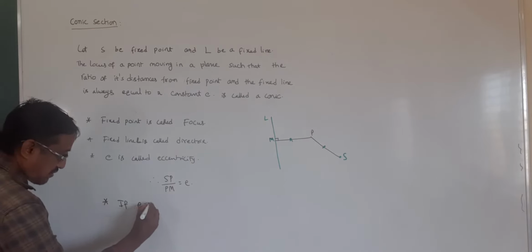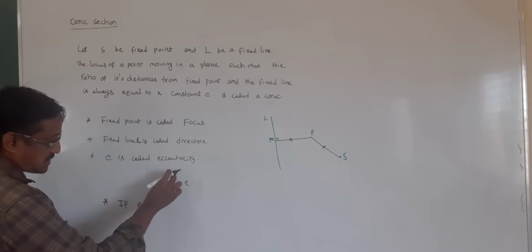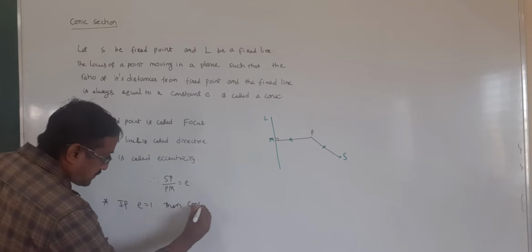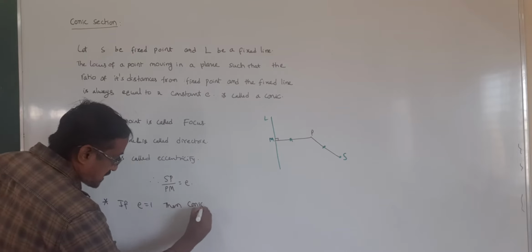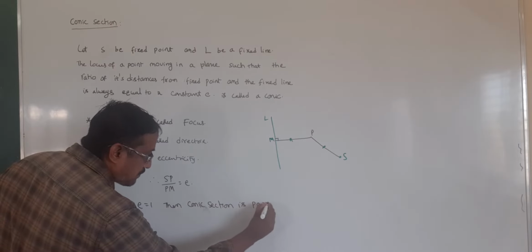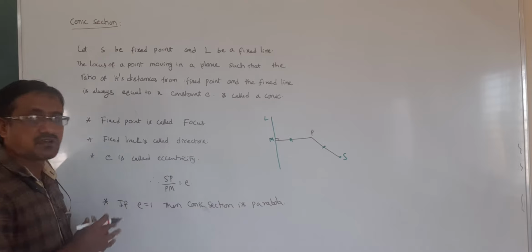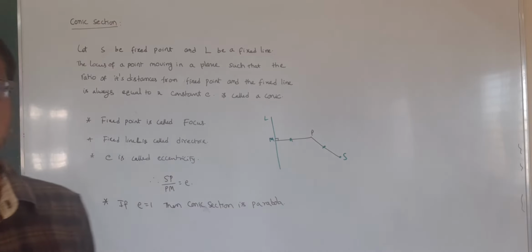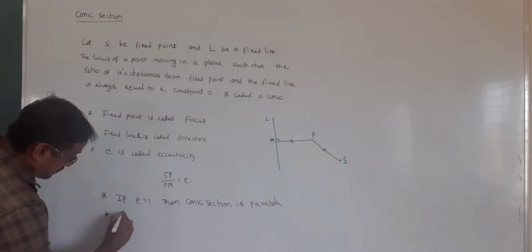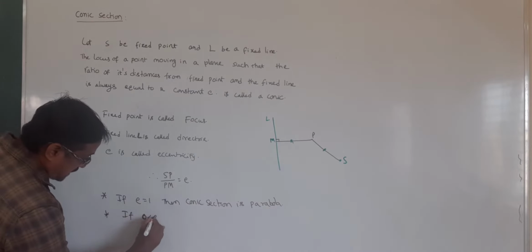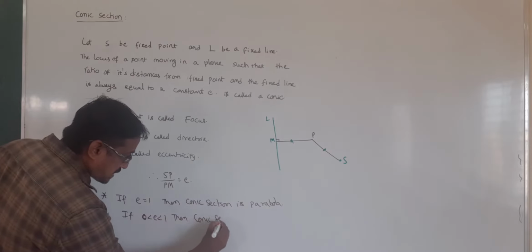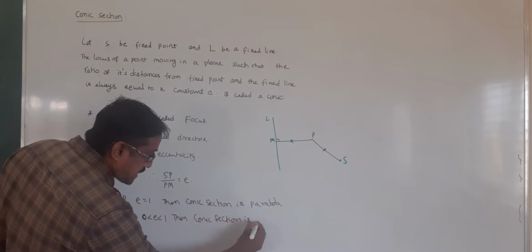if E is equal to 1, that means SP is equal to PM, then the conic section is a parabola. Very important. If 0 less than E less than 1, then the conic section is an ellipse.